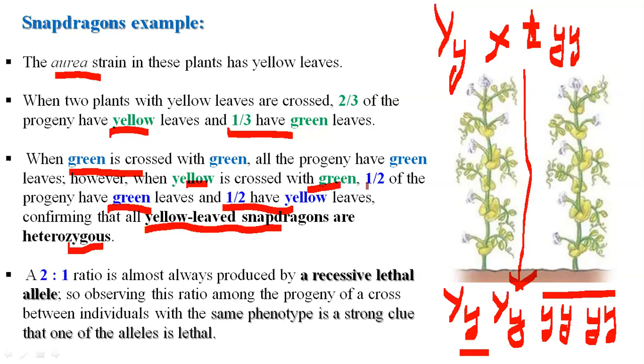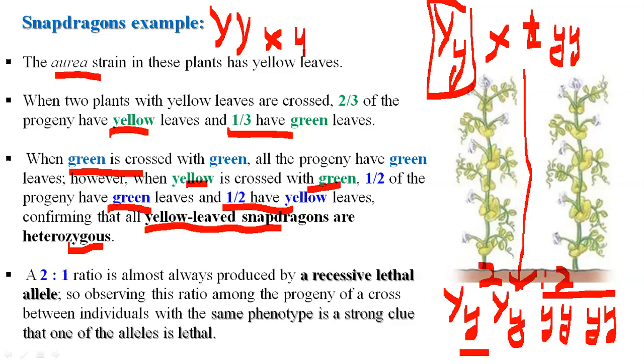When they found this, half green leaves and half plants with yellow leaves, do you understand this one? When they find 2:2, that is 1:1, half and half, then it is confirmed that it is heterozygous after the test cross. But if it is not heterozygous, if it is capital Y capital Y crossed with small y small y, there will be no green.